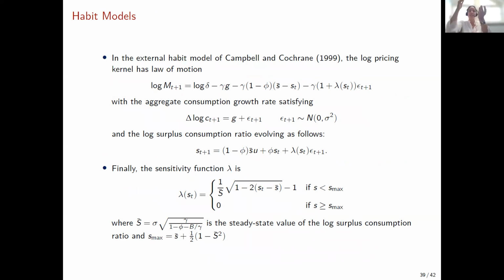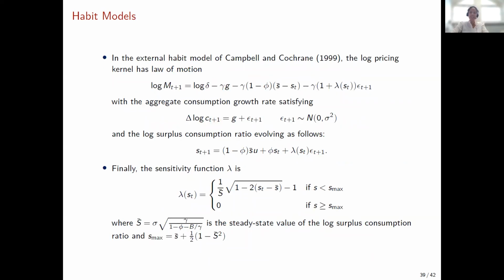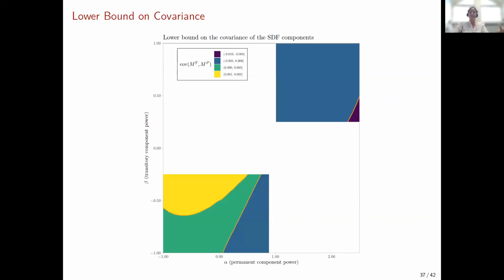If you have a negative shock in consumption, obviously the surplus consumption ratio is also going to drop, and hence your habit level is going to drop. So by construction, you're always going to have this positive correlation between the transitory and the permanent component. Again, why does this matter? Well, it matters because in the data, we see both positive and negative covariances.